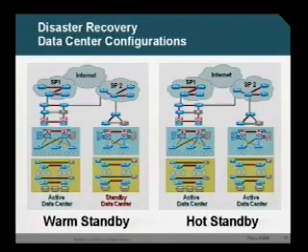Hot standby is active-active, so both data centers are servicing requests. It could be that we are servicing the same application from both sites, or different applications from both sites. So you have application 1 active on data center 1, application 2 active on data center 2, but you're utilizing both data centers' resources.